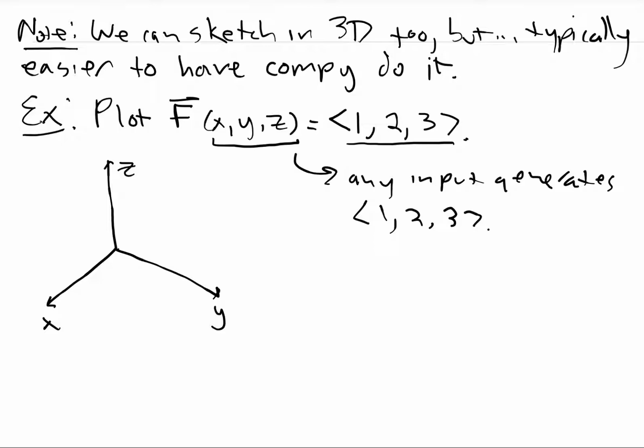So what that's saying is if we tried to set up a table, the entire right-hand side of that table, if we'd set this up like the last example, it'd be populated by nothing but 1, 2, 3's. Any point you want to start from, draw a 1, 2, 3 vector emanating from it.